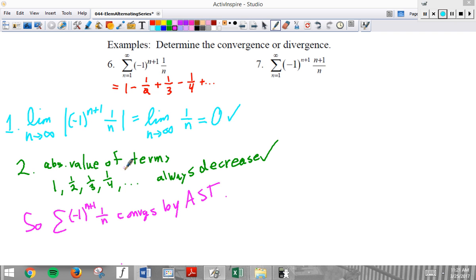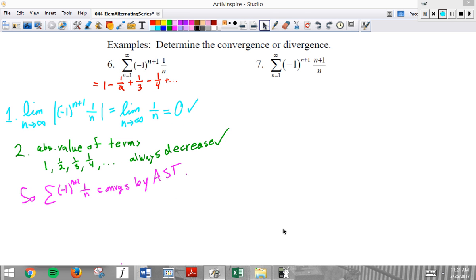The reason is, okay, if you look at this, 1 is bigger than -1/2, but -1/2 is smaller than 1/3. So the terms themselves are not decreasing. The absolute value of the terms is always decreasing.